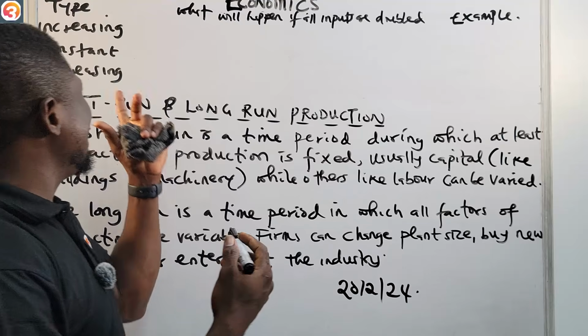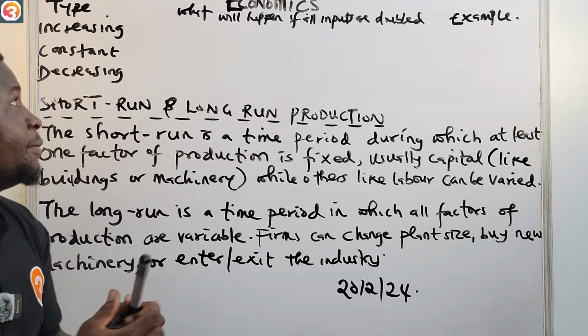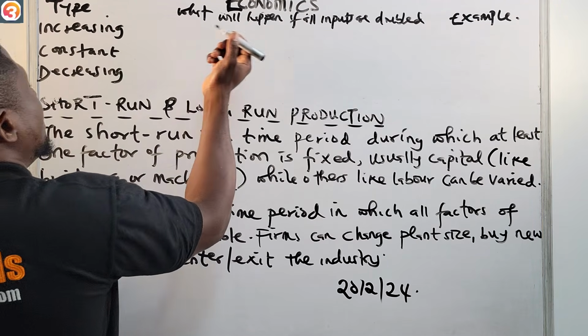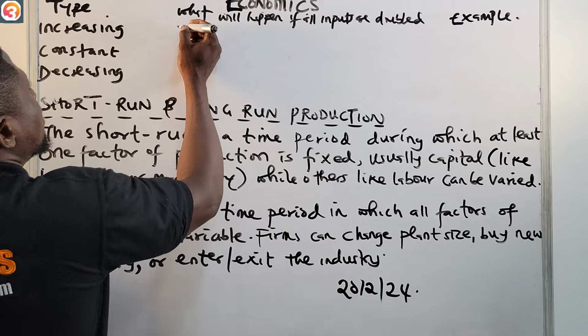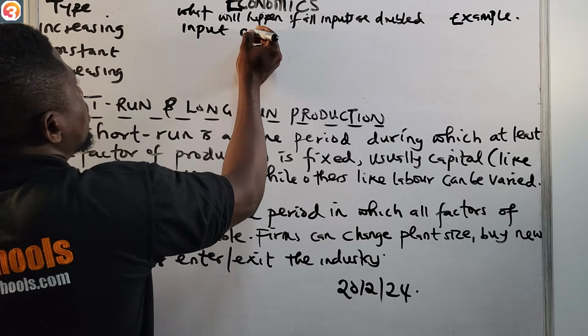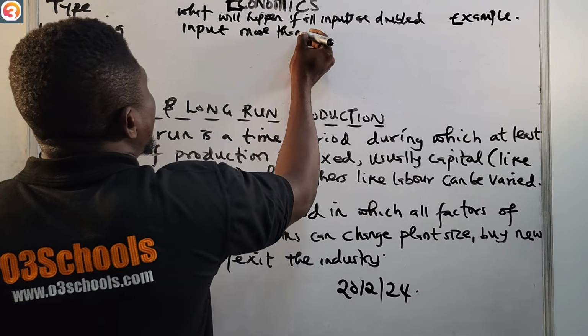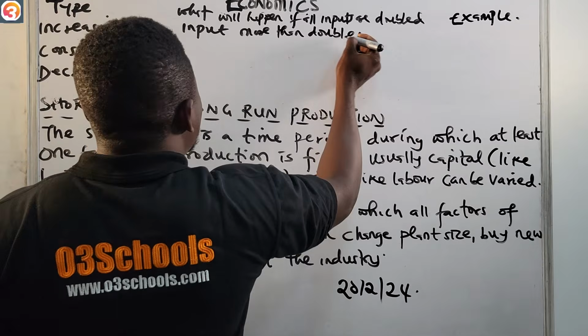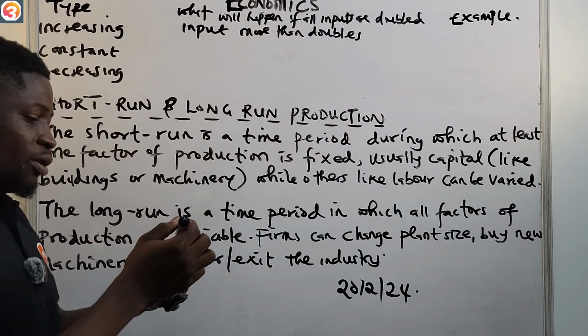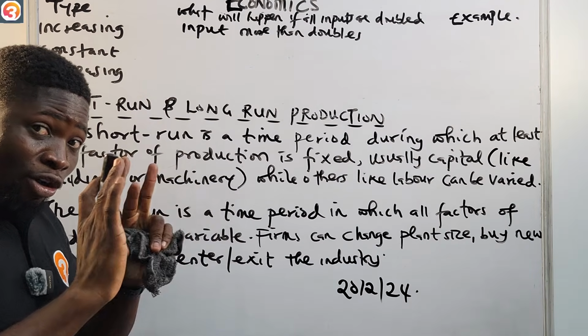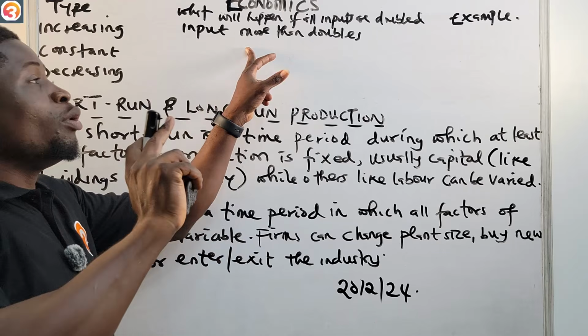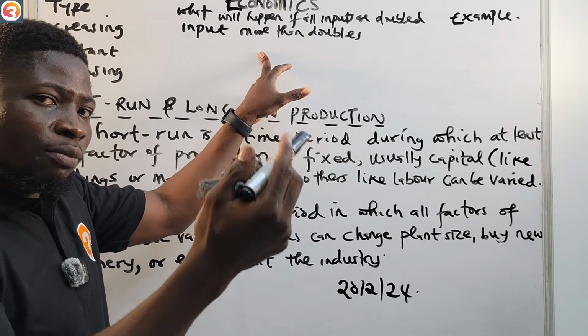For the increasing returns to scale, let's say input more than doubles. That's why it's called increasing. We're using double, but let's say it's more than doubles, meaning more than times two.